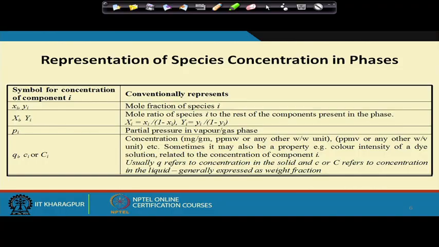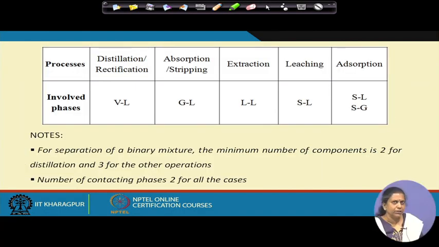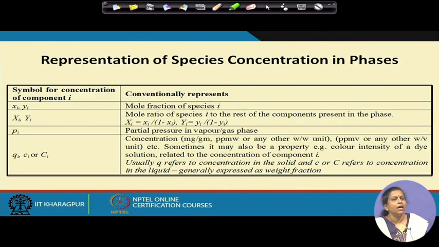So, the first thing which is important for you to remember are the different mass transfer operations, and what they are concerned with. The second thing is, for all these mass transfer operations, the separation is guided by phase equilibrium considerations, and these are obtained from phase diagrams or from mathematical relations relating the different equilibrium properties.